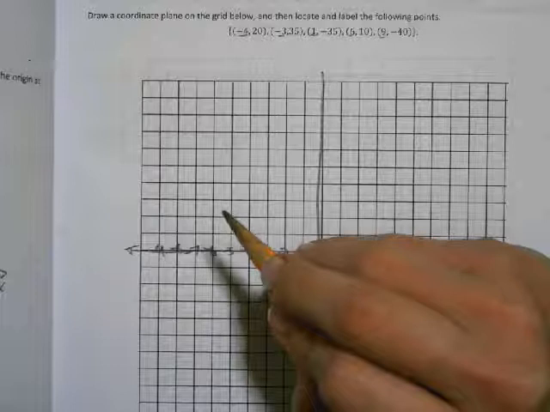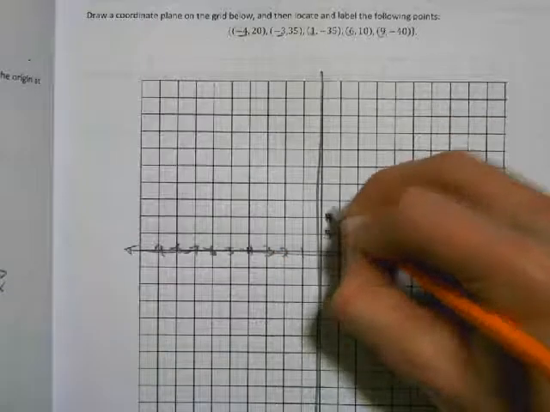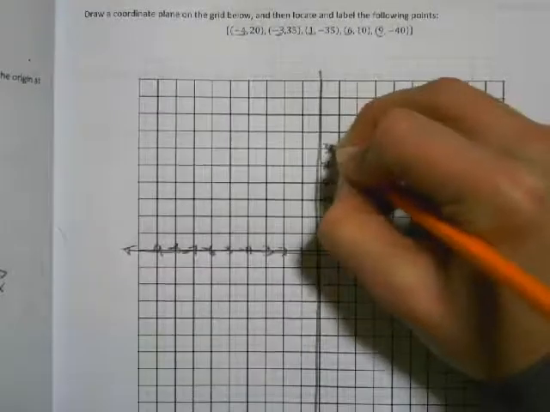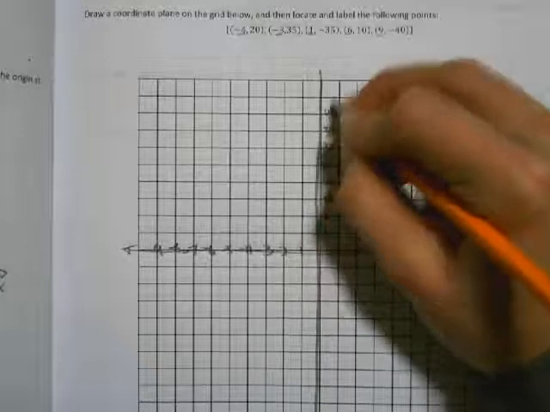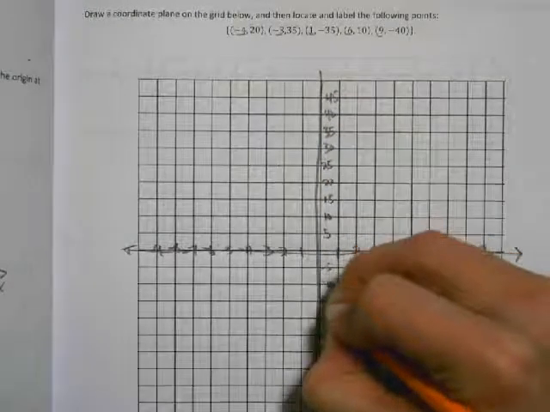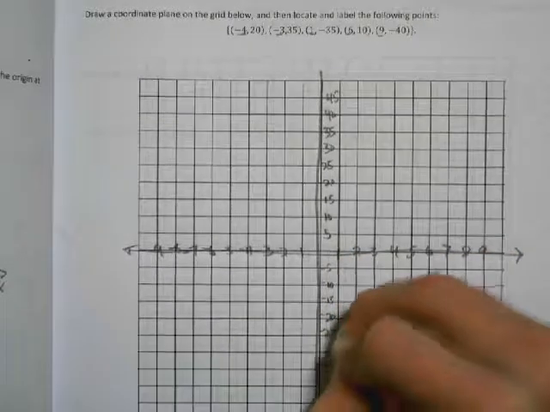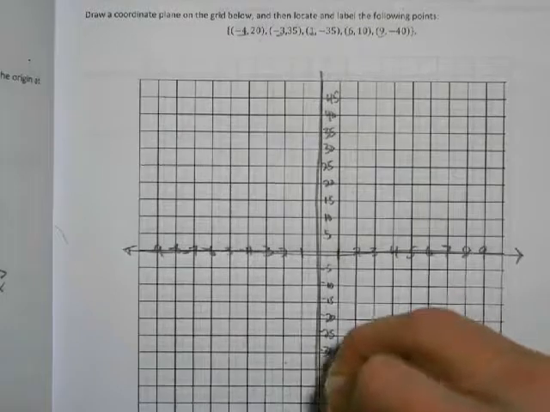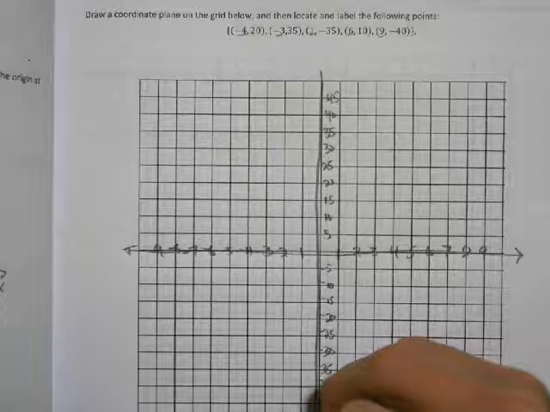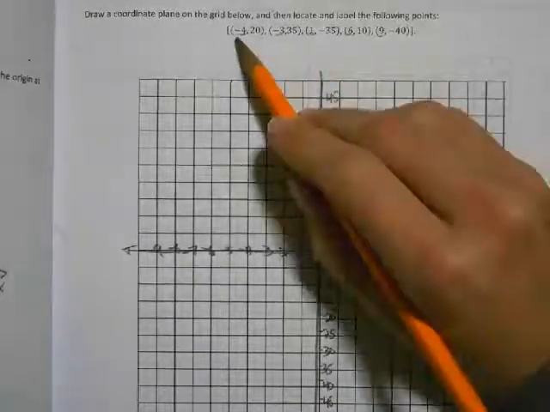Those all end in 0 and 5, which means I can count by 5s. So 5, 10, 15, 20, 25, 30, 35, 40, 45. Then my negatives, negative 5, negative 10, negative 15, negative 20, negative 25, negative 30, negative 35, negative 40, negative 45, negative 50.